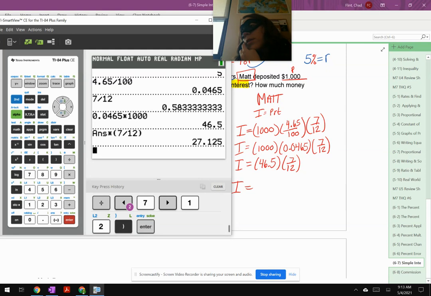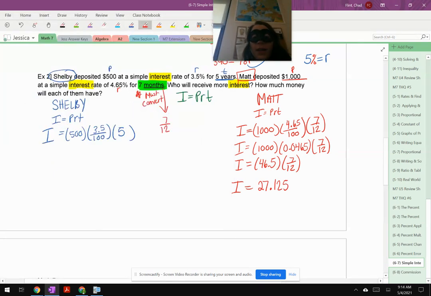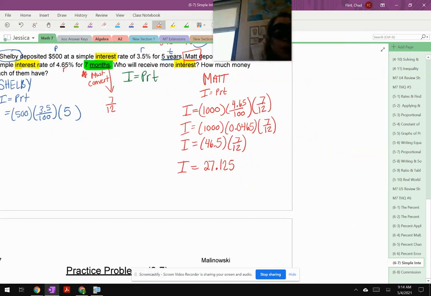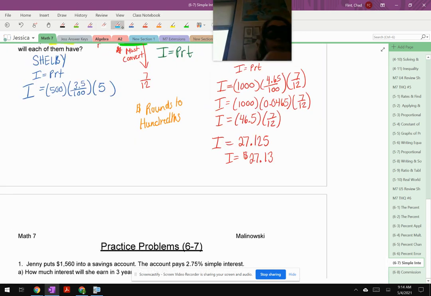And that gives me an answer of 27.125. Again, we're talking money. Money always rounds to hundredths. So the interest that Matt receives is $27.13. That's his interest amount.